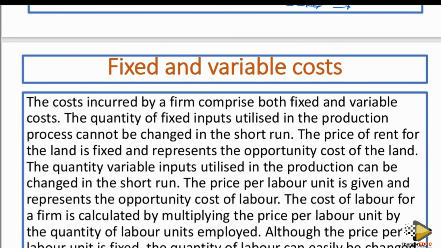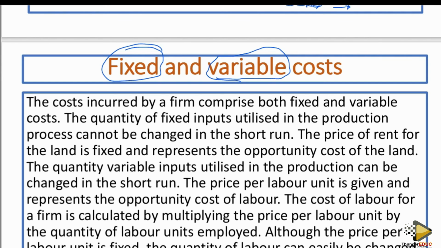So moving on, grade 12s, we have fixed and variable costs. I did explain them. When you talk of fixed costs, we talk of those costs that are not changing. They are constant. But variable costs refer to costs that keep on changing.